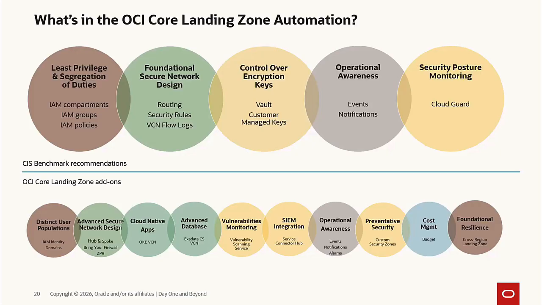It goes beyond detective security controls with CloudGuard to include proactive security controls with OCI security zones. It provides proactive cost management with the budget service, so we can tell customers how much they are spending. And again, last but not least, we provide the ability to extend the core landing zone deployment across multiple regions for redundant deployments.